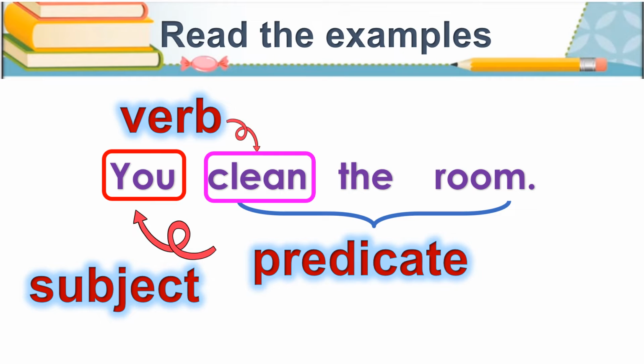Okay? Then, kapag nakita nyo, ano ba yung ginawa? Yung verb kasi ang nagsasabi kung anong ginawa. It tells what the subject did or do. Okay, so, pagka nakita nyo na yung verb, yung kasunod na mga salita ay predicate. At kung ano o sino ang pinag-uusapan, ito ang subject.